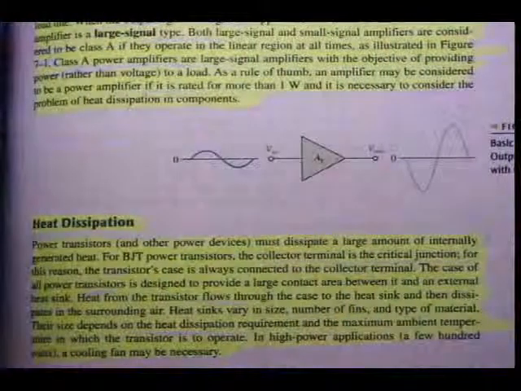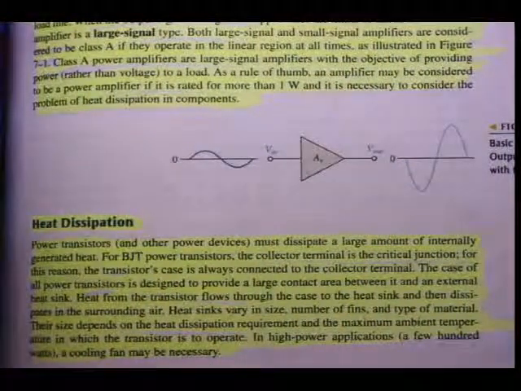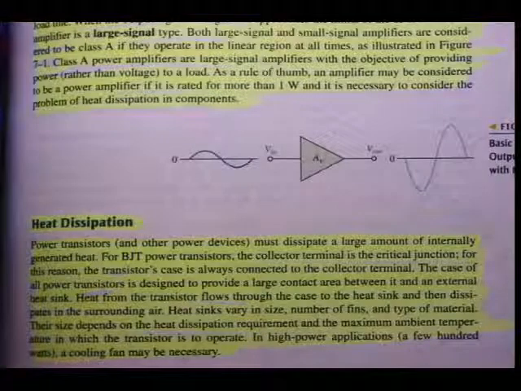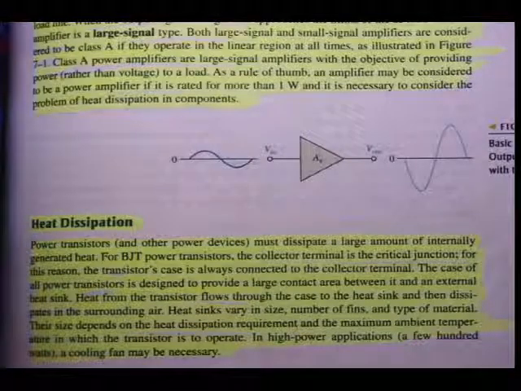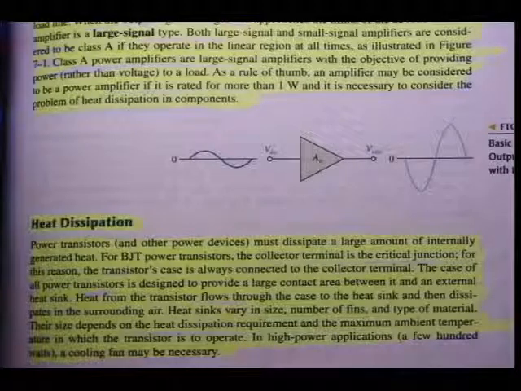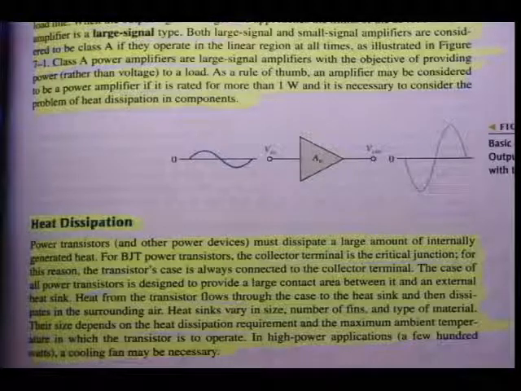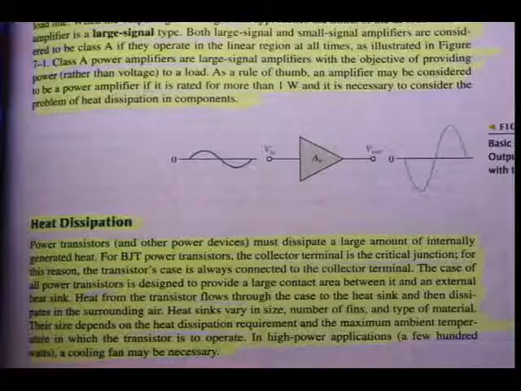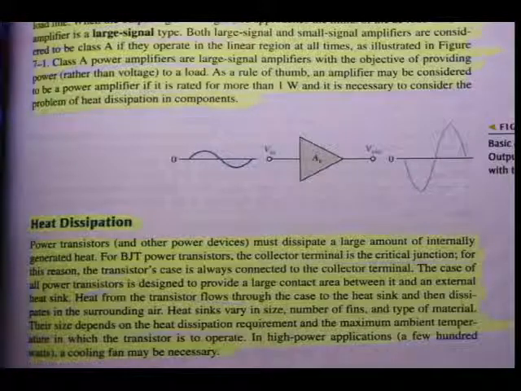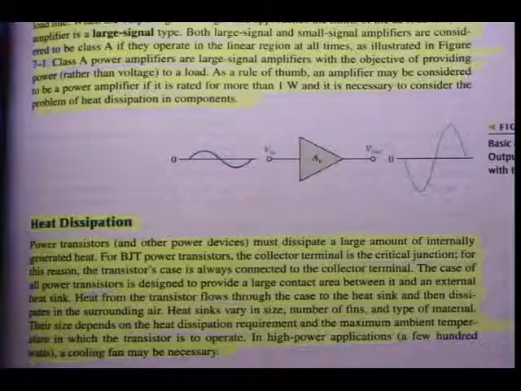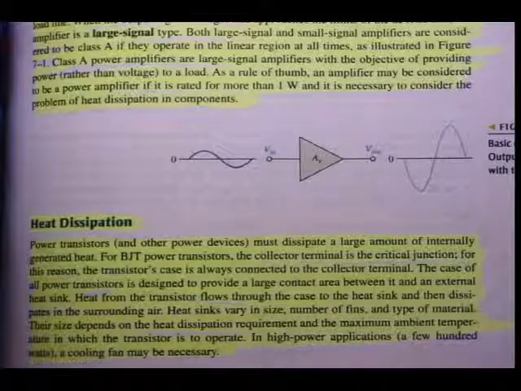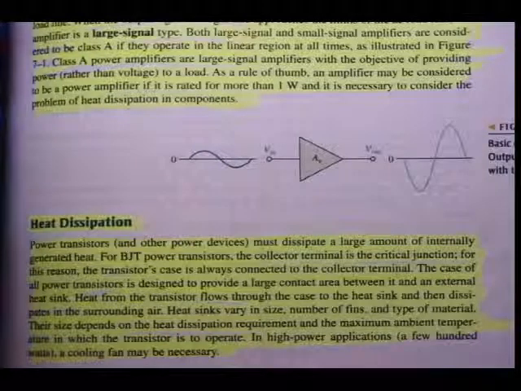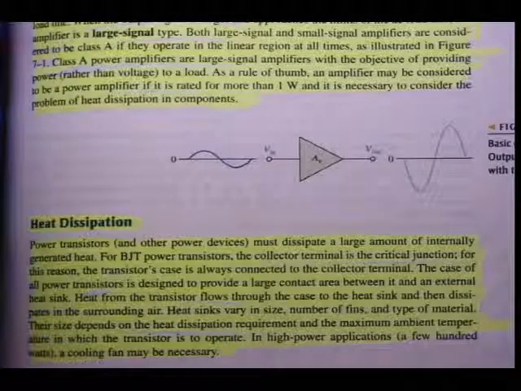Power transistors and other power devices must dissipate a large amount of internally generated heat. For BJT power transistors, the collector terminal is the critical junction. For this reason, the transistor's case is always connected to the collector terminal. The case of all power transistors is designed to provide a large contact area between it and the external heat sink.